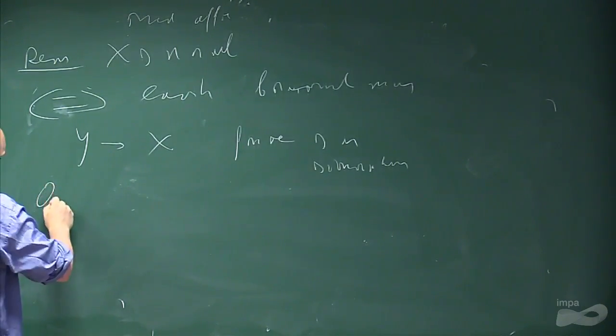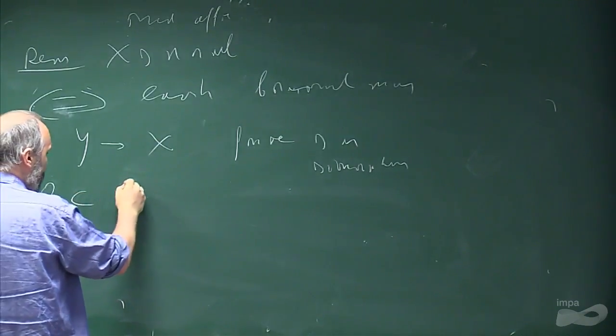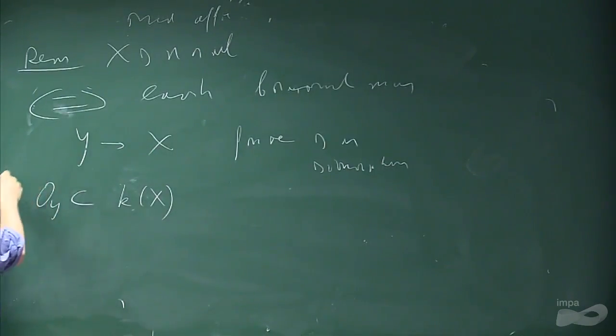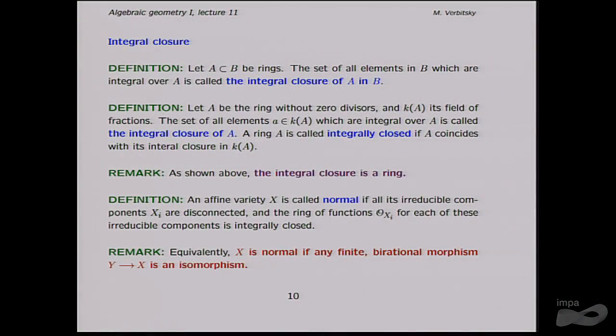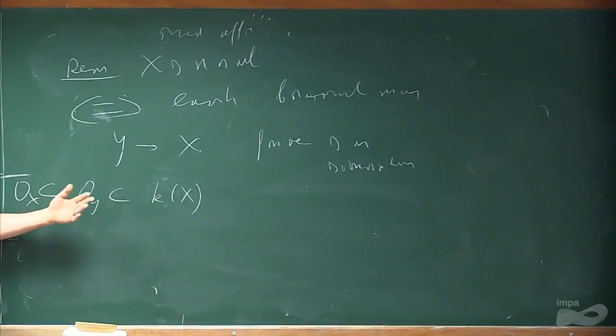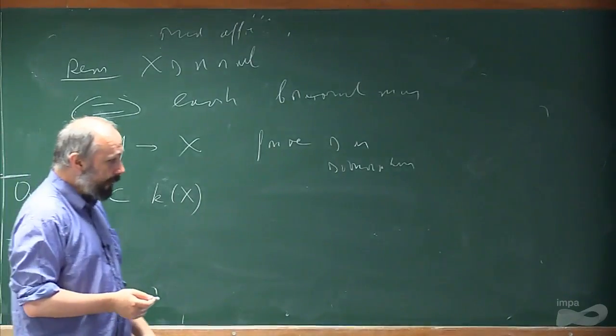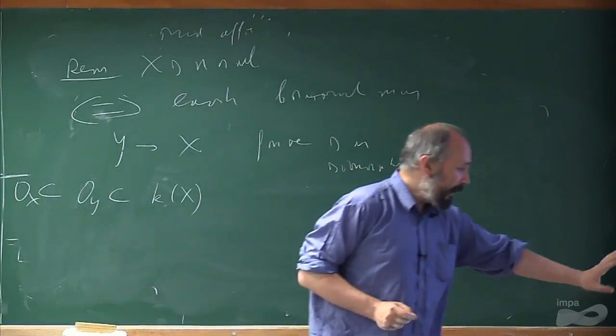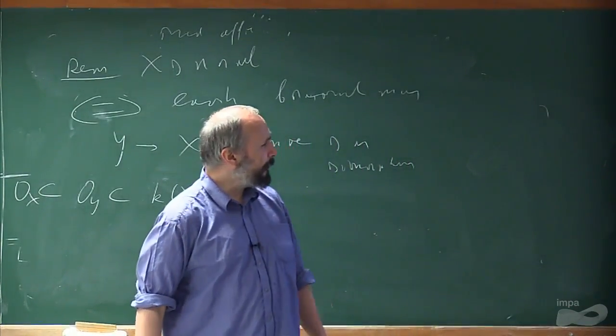This means that O_Y is a subset of K(X), but because it's mapped to here, O_X contains this, and they have the same field of fractions. Now, finiteness means that it is integrally closed. What is finite? Finite means that all elements generate finitely generated modules. So this is just another wording of the same definition.